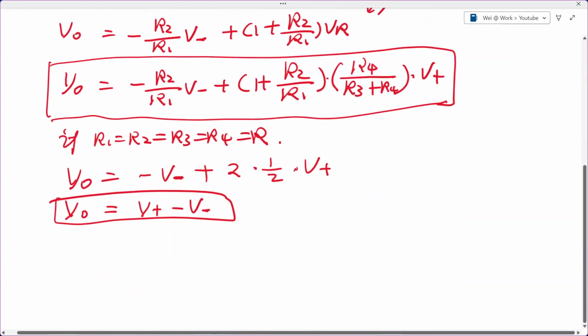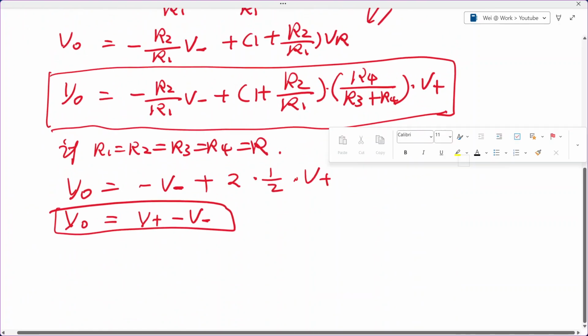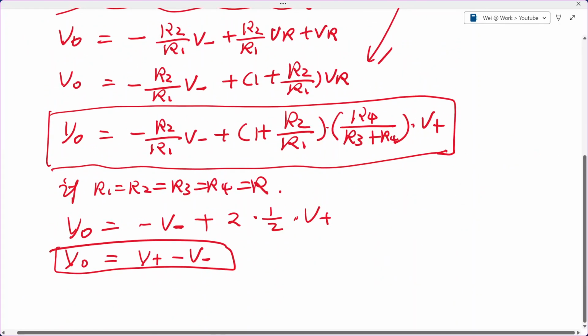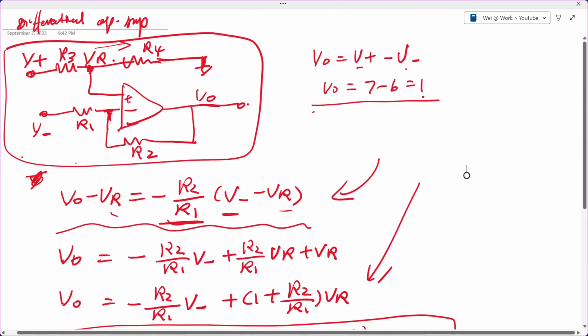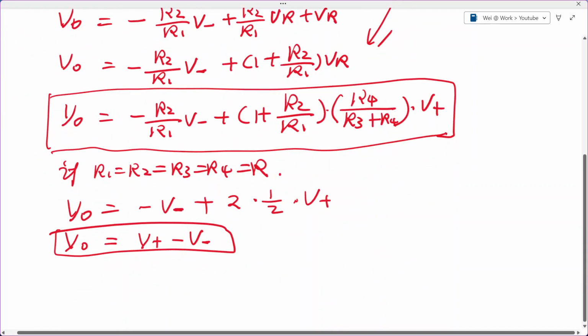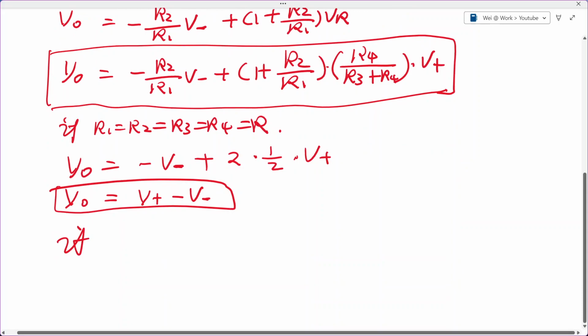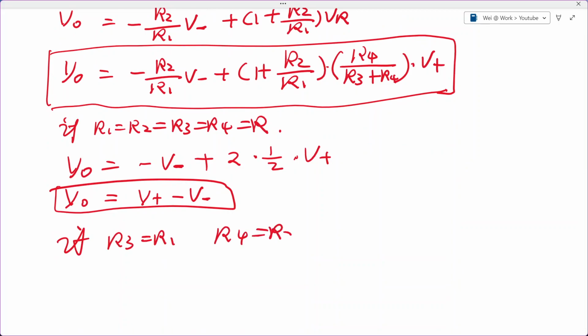And what happens if R3 equals R1 and R4 equals R2?